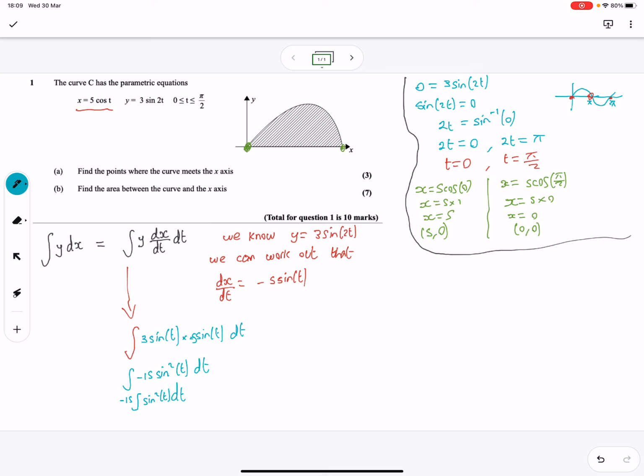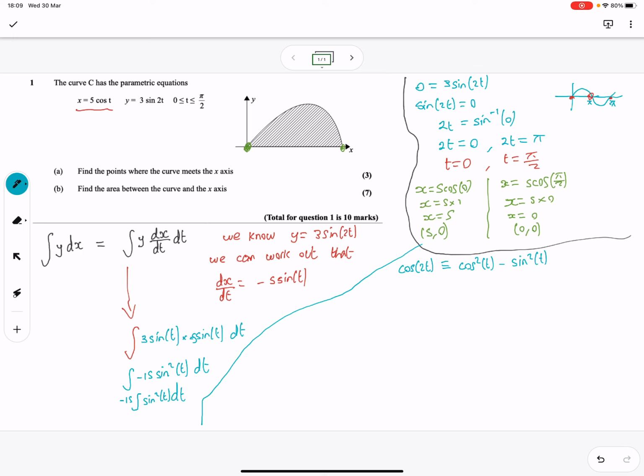But then that begs the question, how on earth do we integrate sine squared? Well, quite nicely, we can rewrite this using trigonometric identities. If we note that cos of 2t is identical to cos squared t minus sine squared t using the double angle formula, that's something that we need to be aware of.